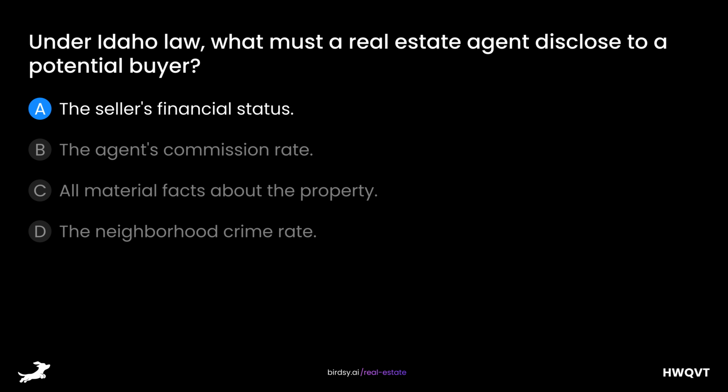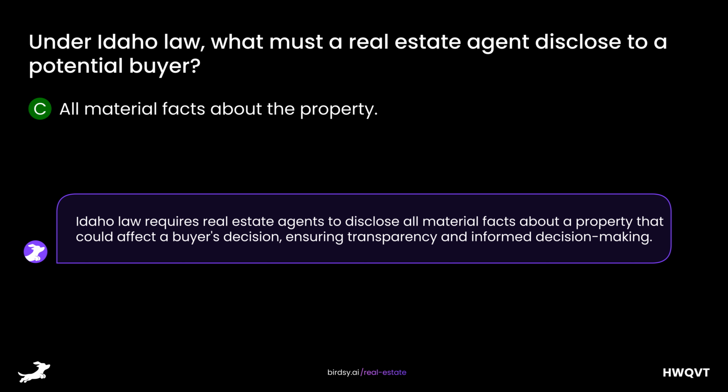Is it A, the seller's financial status, B, the agent's commission rate, C, all material facts about the property, or D, the neighborhood crime rate? The answer is C, all material facts about the property. Idaho law requires real estate agents to disclose all material facts about a property that could affect a buyer's decision, ensuring transparency and informed decision-making.